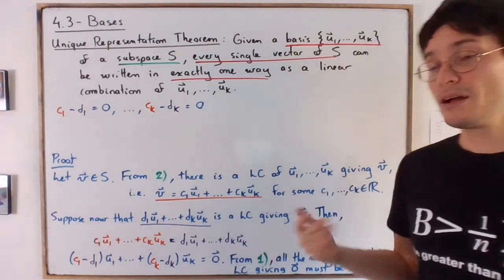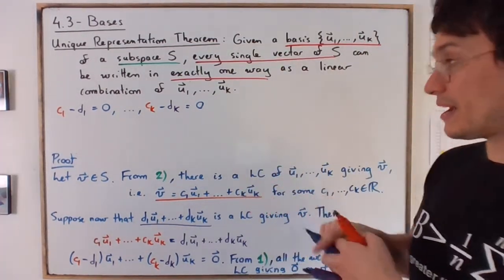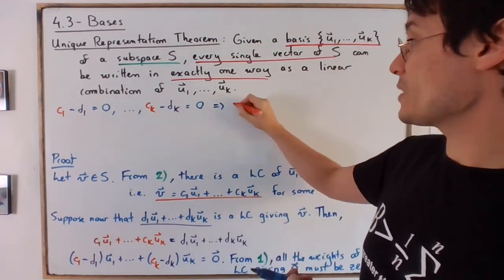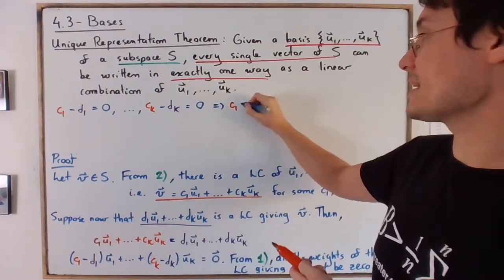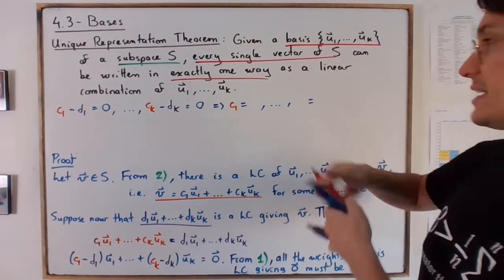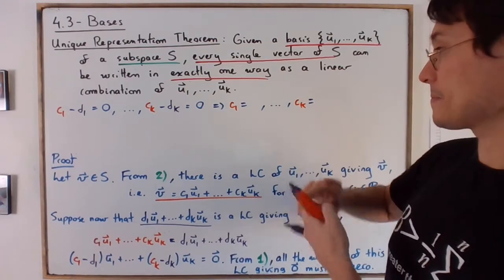From there, we swing all the D's to the other side, and we get that C1 is equal to D1, all the way up to CK is equal to DK.